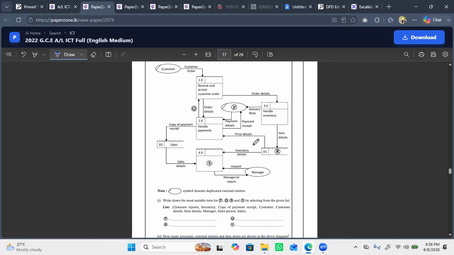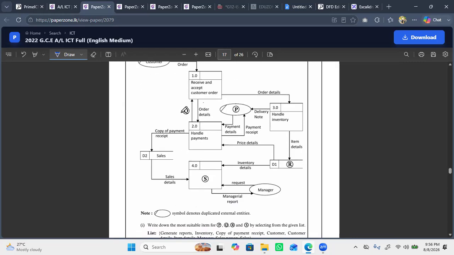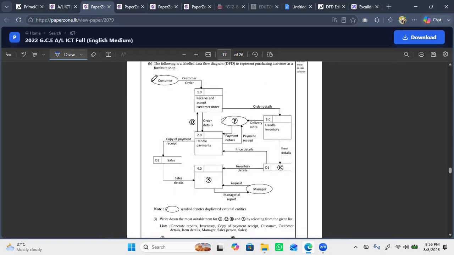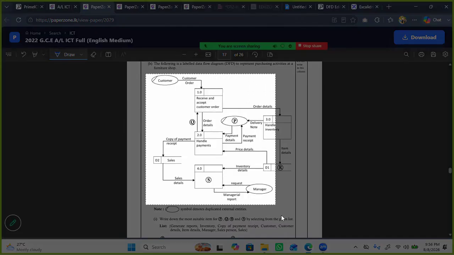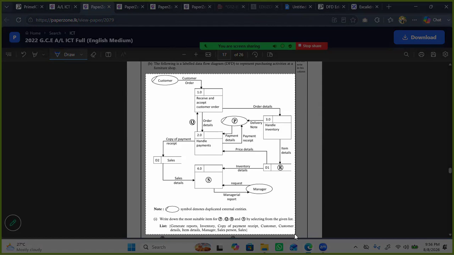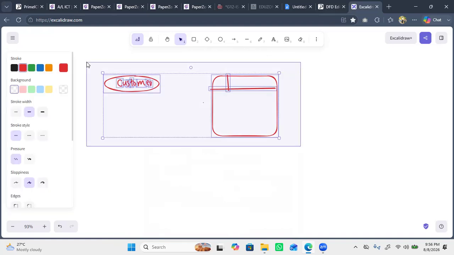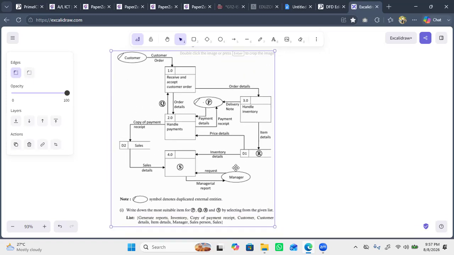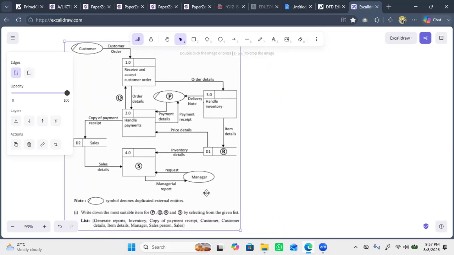So small, isn't it? Okay, let me take this diagram as a screenshot. The list is also given. Very easy question. From this list, you have to find the PQRS. Now you can see it somewhat clear.